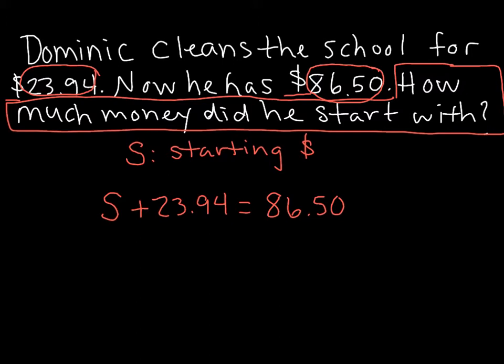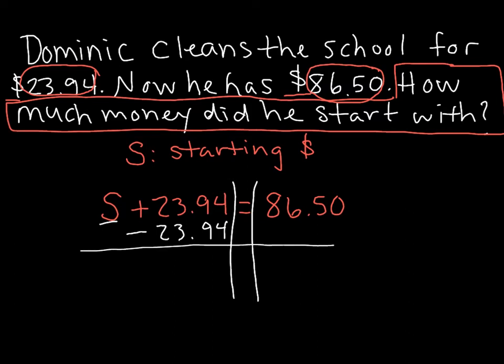So let's go ahead and solve this just like we did the other ones. We'll draw our train tracks. And then here's my variable S. I need to get rid of everything on that side with the S to get it isolated or by itself. I have plus $23.94. So I'm going to do the inverse and subtract $23.94. Make sure that's an opposite pair, plus $23.94 minus $23.94.